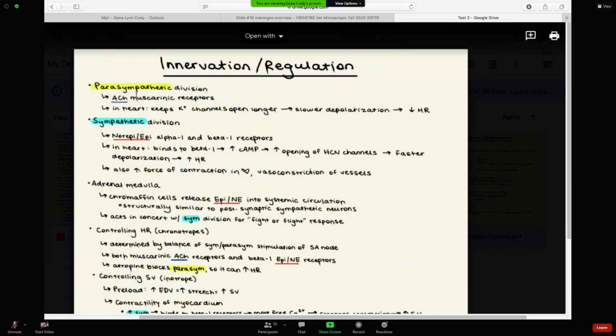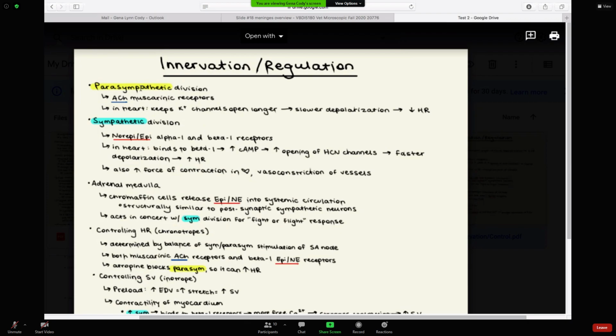Parasympathetic is going to bind acetylcholine muscarinic receptors, versus sympathetic is going to do alpha 1 and beta 1 receptors, right? And it's binding norepinephrine and epinephrine. So in the heart, if the parasympathetic is acting on it, that is going to keep my potassium channels open a little bit longer than normal.